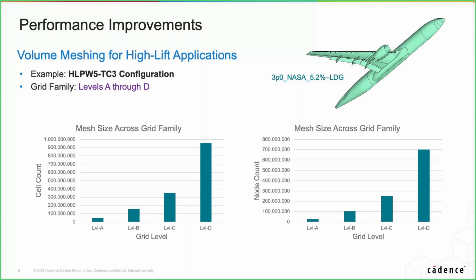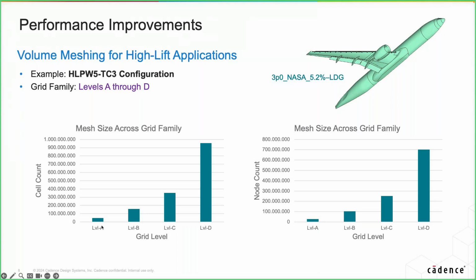What we did was run a number of cases from one of the high lift prediction workshop configurations. These charts show four grid levels, A through D. On the left, you can see the cell counts for these four grid levels, and on the right are the node counts.